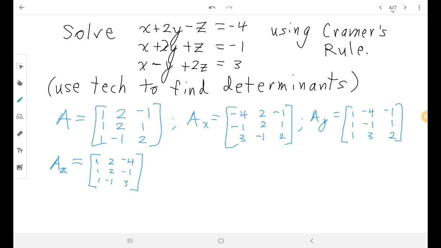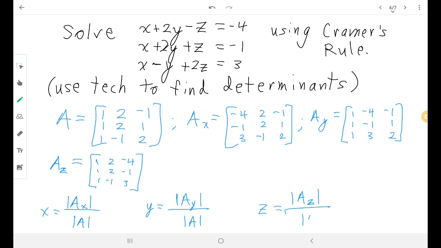So then x is the determinant of A sub x over the determinant of A. Y is the determinant of A sub y over the determinant of A. And z is the determinant of A sub z over the determinant of A.